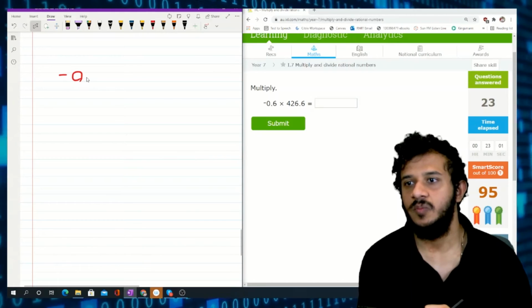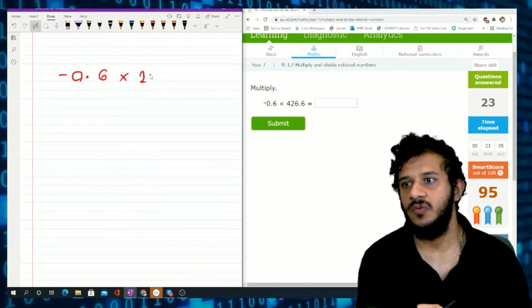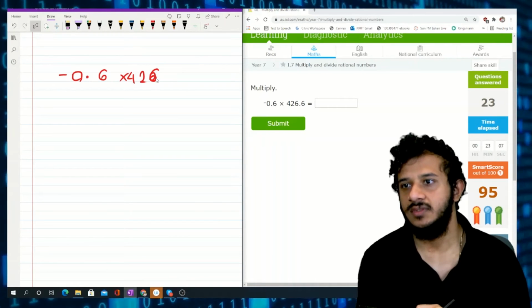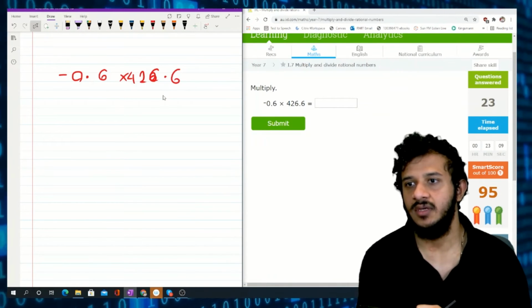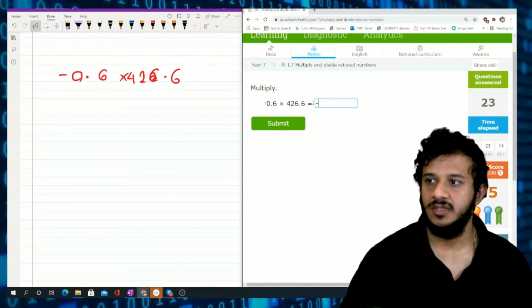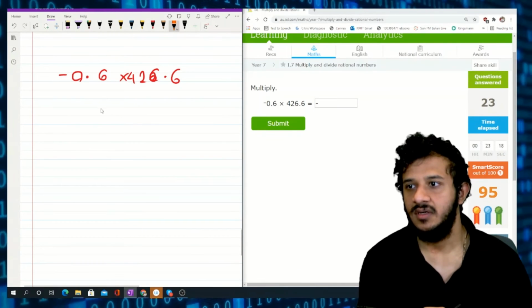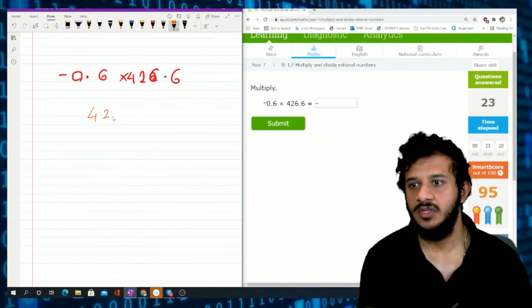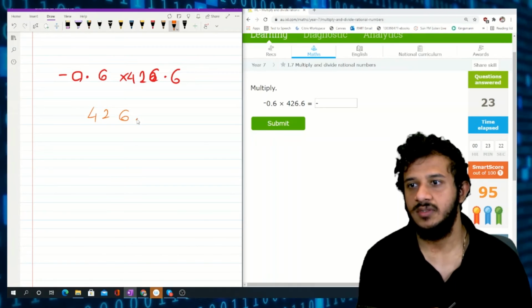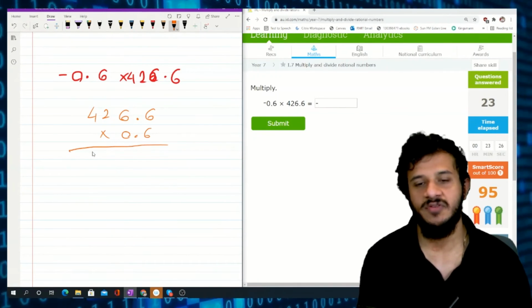So the next question which we have is 0.6 multiplied by 426.6. Okay, so negative multiplied by a positive is obviously going to be a negative, and then we get 42 this multiplied by 0.6. As I said, we are not going to even worry about the decimal places.